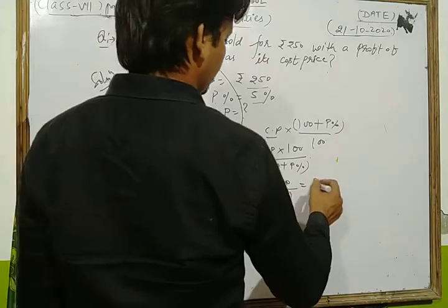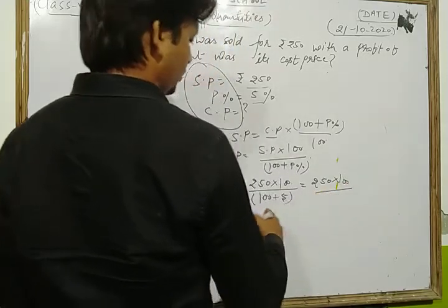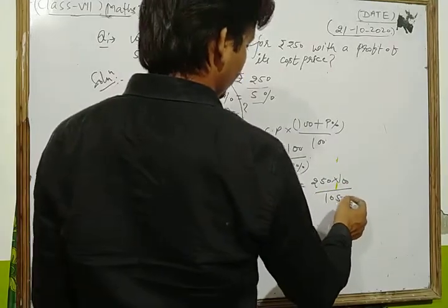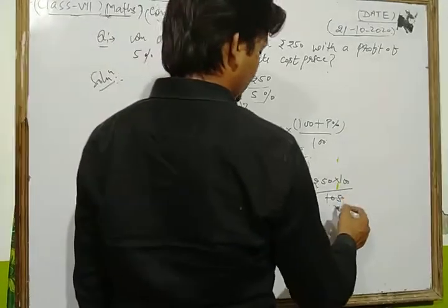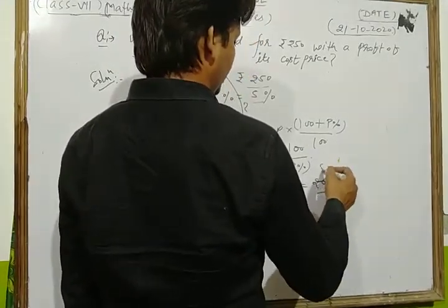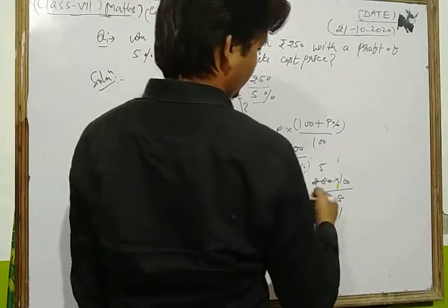So we get 250 into 100 upon 105. Now we simplify by 10. 5 twos are 10, 5 ones are 5, 5 fives are 25, and 0.